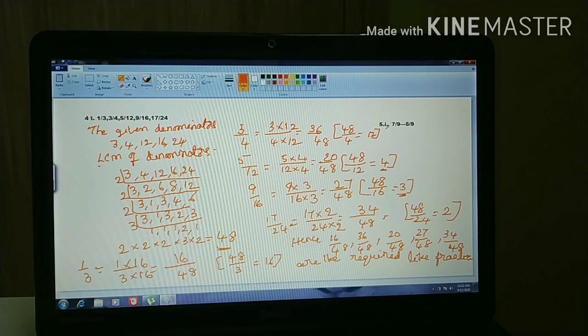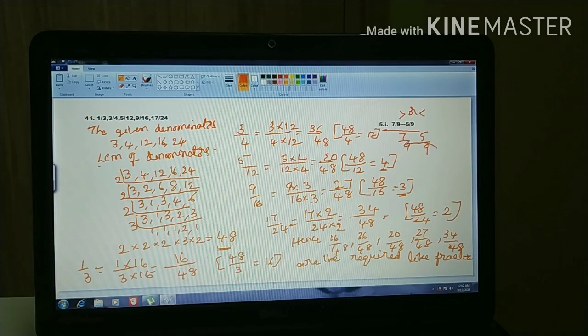Now we will see the next one, fifth problem, 7 by 9 and 5 by 9. You have to write here either greater than or less than. To find out which one is greater, what do we have to do? I told you about cross multiplication, right? But no need to apply cross multiplication here.